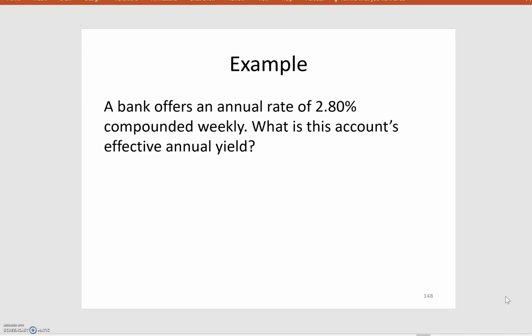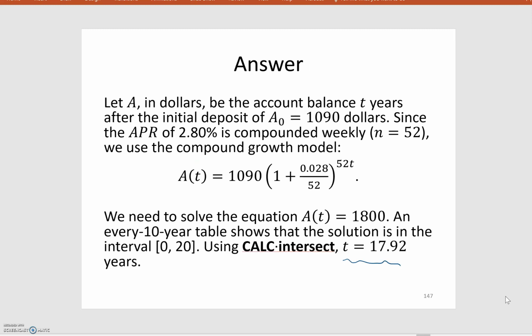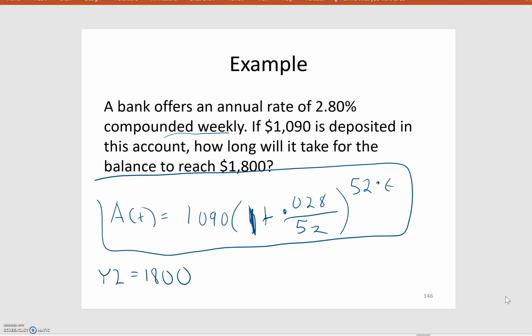Okay. How about this one? A bank offers an annual rate of 2.8% compounded weekly. What is the account's effective annual yield, so the EAY? This is the one we just did, by the way. So we can just go back here, and if you remember, what is the EAY formula? Well, it's the factor minus 1 times 100.